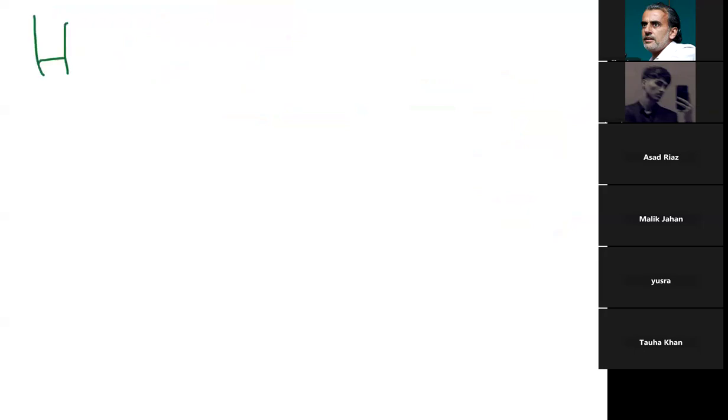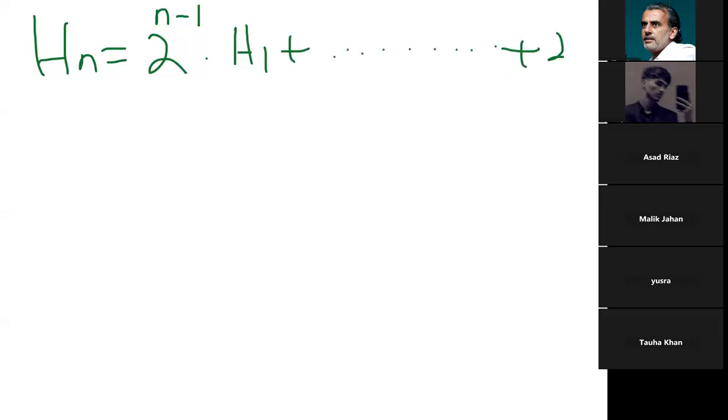So Hn was looking like 2 raised power n minus 1 H1, and this summation was going down to 2 raised power 0, which was our first thing. Are you okay with this substitution, or do I need to go one step back? So we summarize this part as a summation.